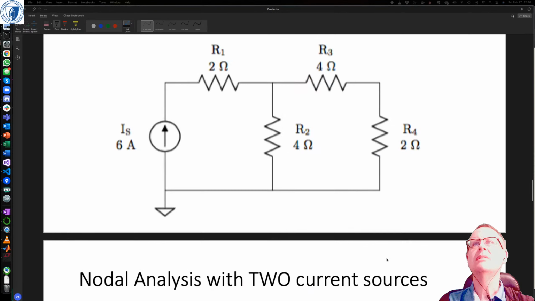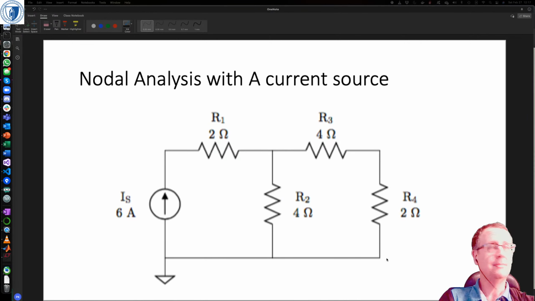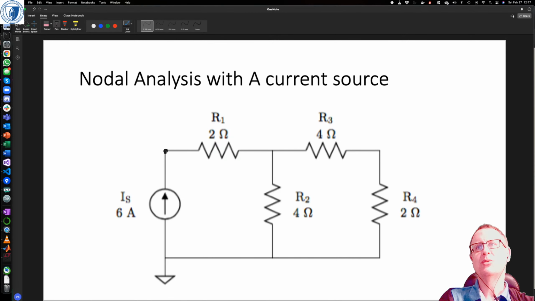So again we can apply the nodal analysis in exactly the same way. The first time, I probably should have reordered my nodes before. I prefer nodes going in alphabetical order, right?